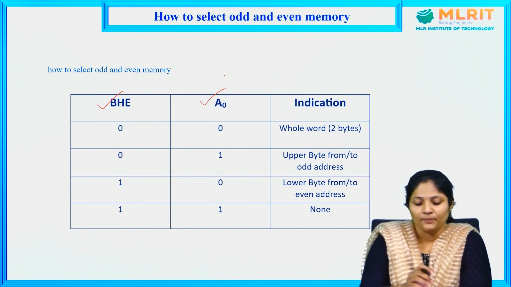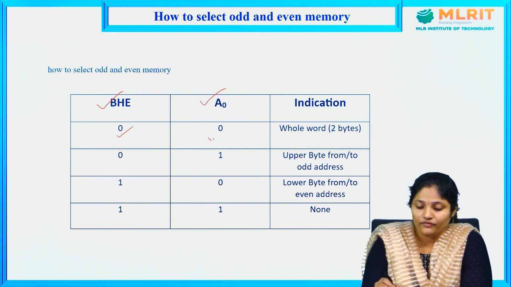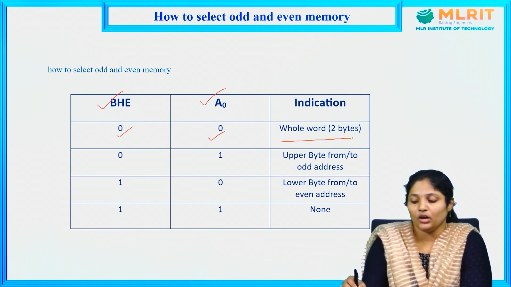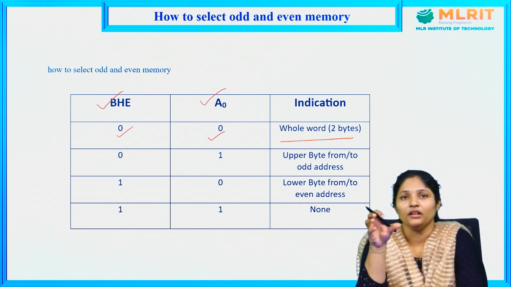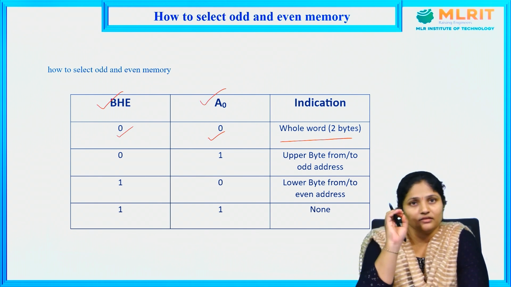If BHE and A0 are 0 and 0, the whole data, the 2 bytes of the word, is transferring simultaneously.